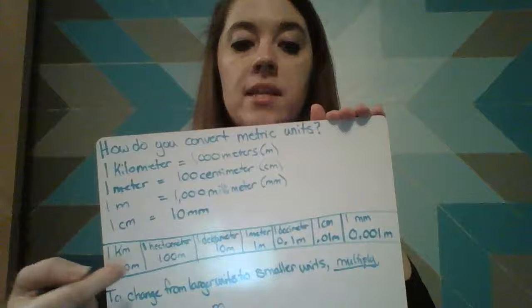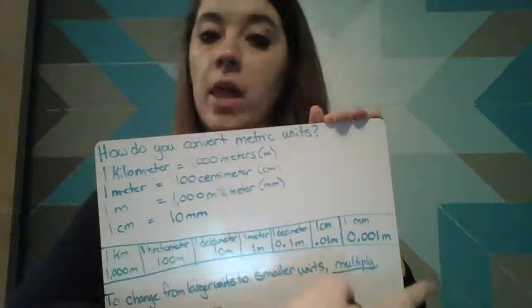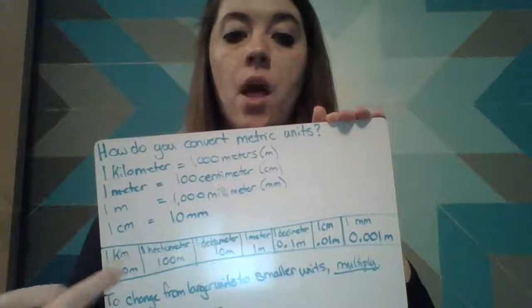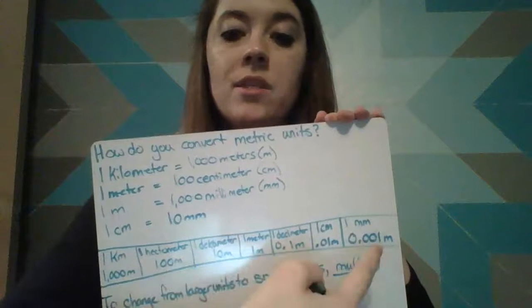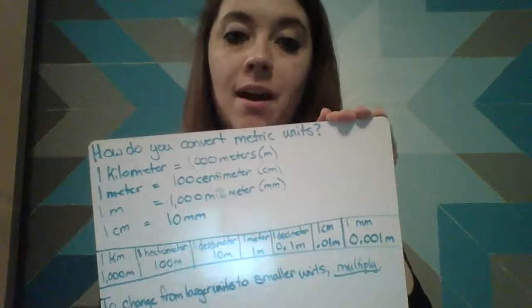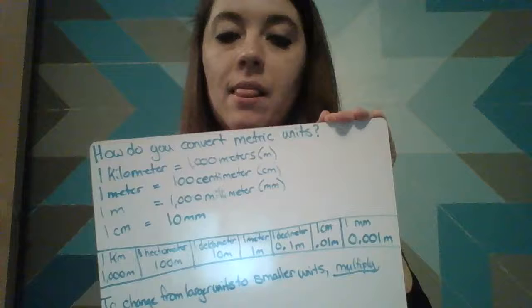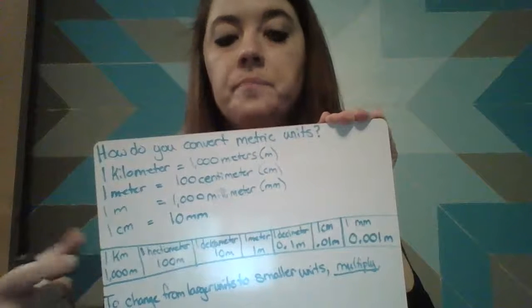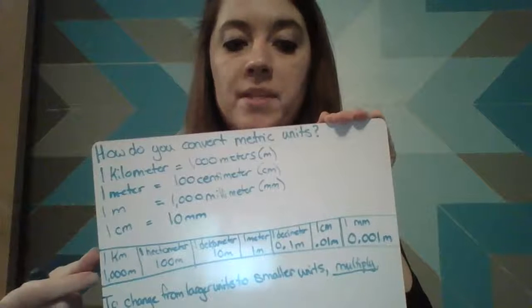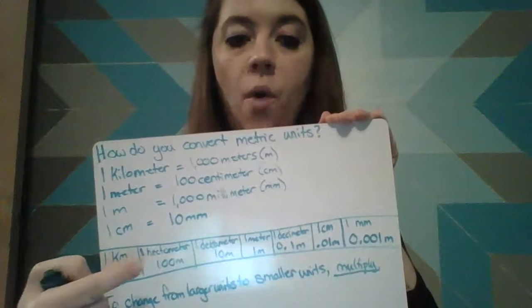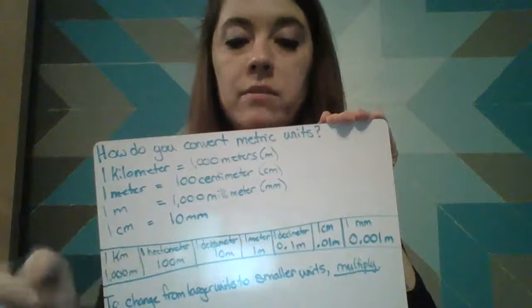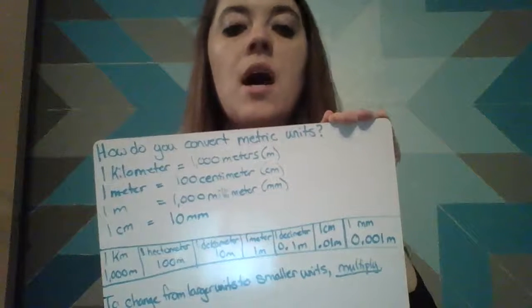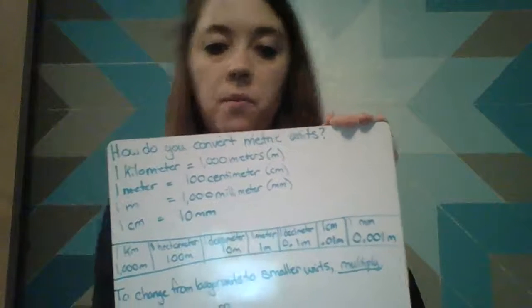Now, this is a number line, essentially, showing you the greatest to the smallest of our metric units of measurement. This is measuring length. So, kilometer, that is the largest that we have. 1 kilometer represents 1,000 meters. 1 hectometer, we don't typically deal with hectometers, is 100 meters.